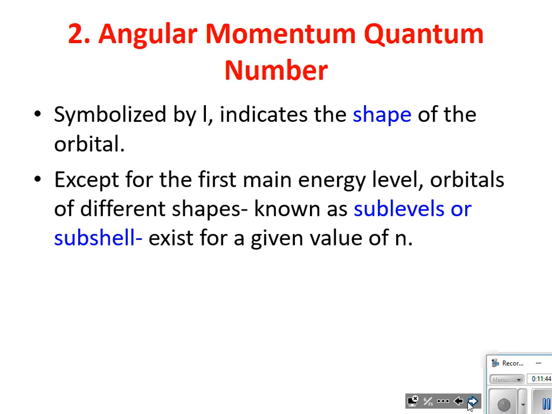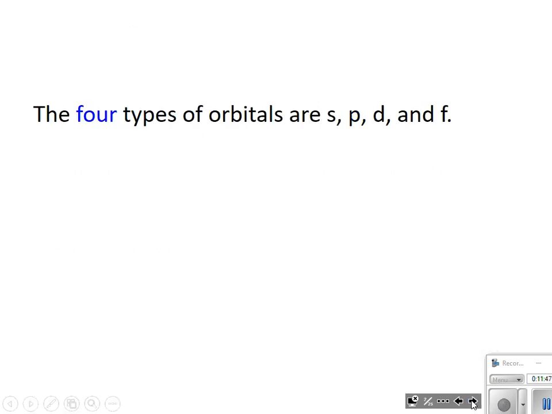So the sublevels will be indicated by 4 different letters, because there are 4 types of orbitals: s, p, d, and f.